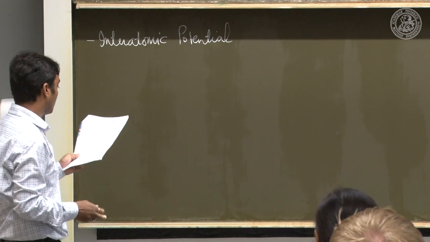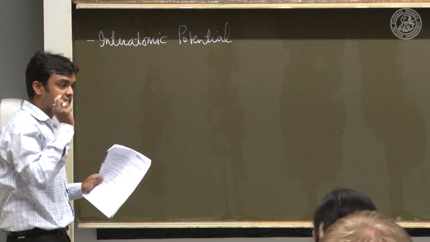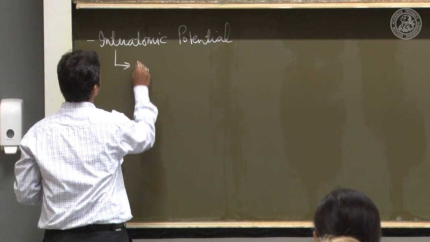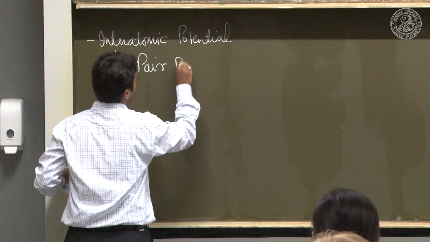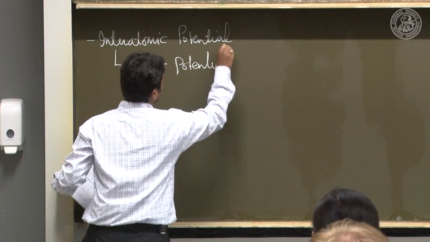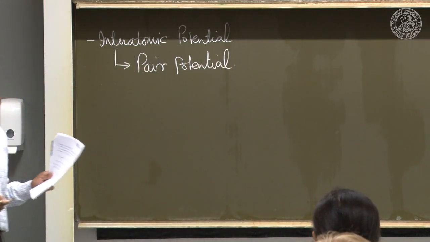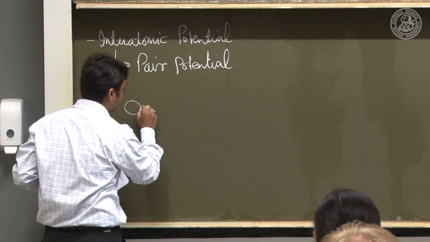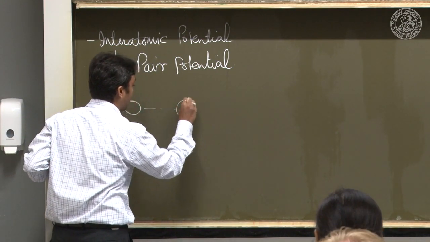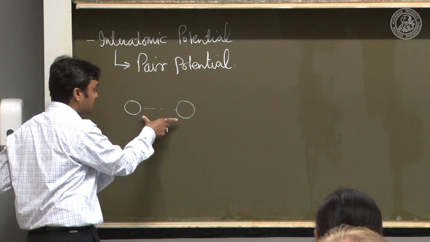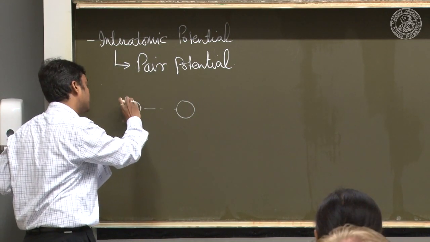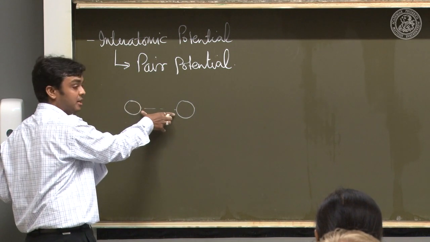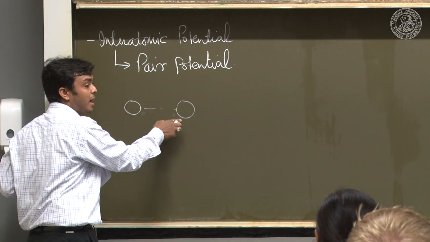So I take a very simple example of a pair potential. In this, an atom is affected only by another atom, so a pair. The energy of this bond is because of the two atoms.